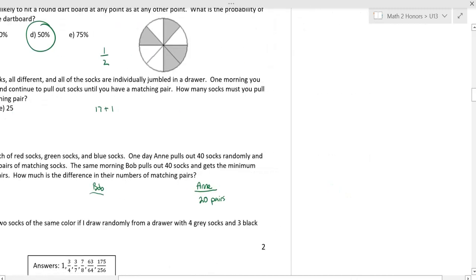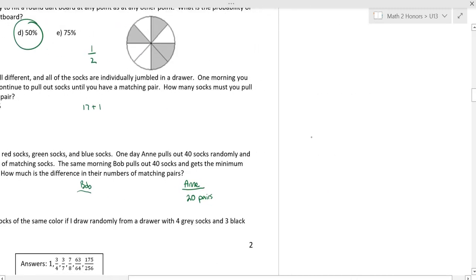So what I'm going to do here is create a little table, and we're going to look at a chart here. So we've got Anne, we've got Bob, we've got the difference, and let's go number of socks. And how many?